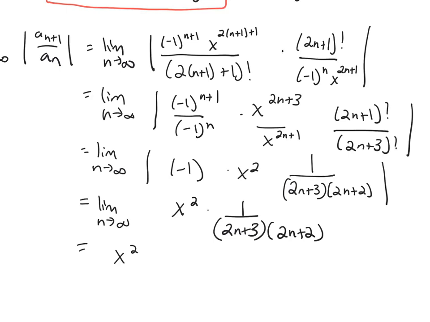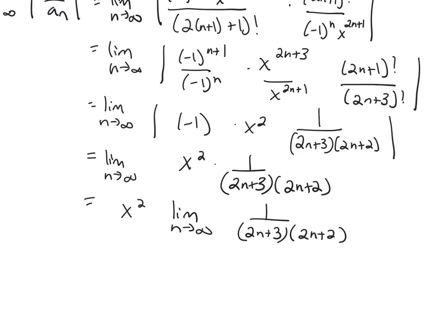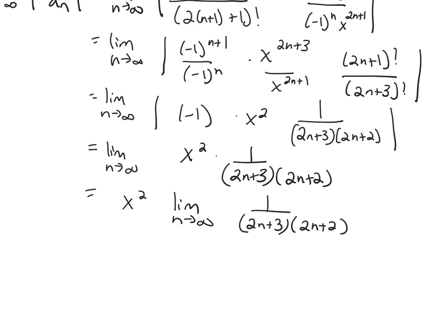So I can pull out the x squared, and what's that limit going to be? The denominator is a really big number, right? It's 0.